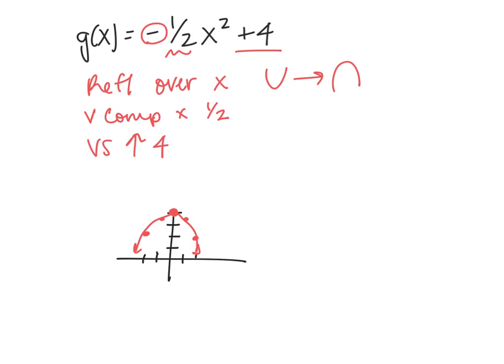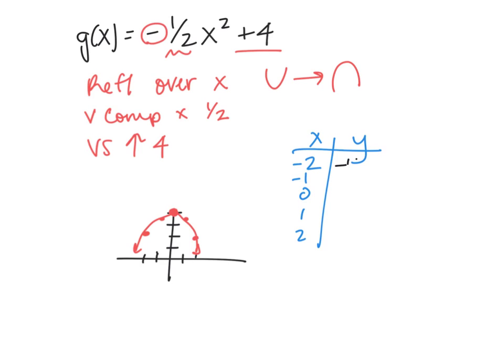If you ever aren't sure on some of those points, just use a table. So for example, we know that this is centered at 0 horizontally, so then we can just plug in -1, -2 below, 1, 2 on the other side. And from here, use your head, use a calculator, whatever you need to plug these values in.